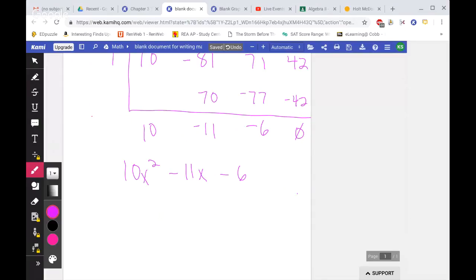I was kind of chuckling because I remember how much you love to do slide and divide with me. This is another way to factor when the leading coefficient is not a 1. I call it slide and divide.